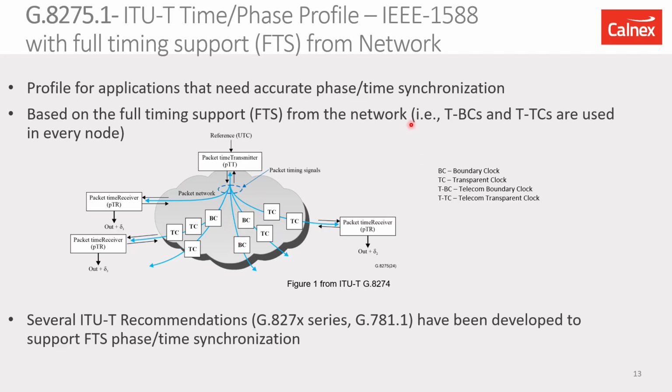And there are a number of recommendations that are also related to this approach, for instance, specifying the clock performance like G.8273.2 or G.8273.3. And G.781.1, as I mentioned before, is providing the frequency, the packet layer synchronization function.